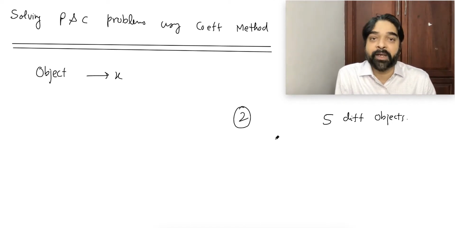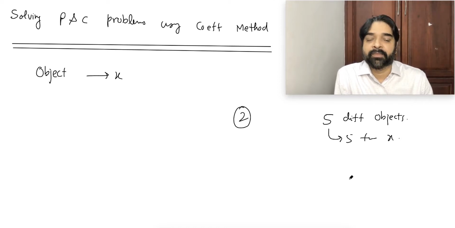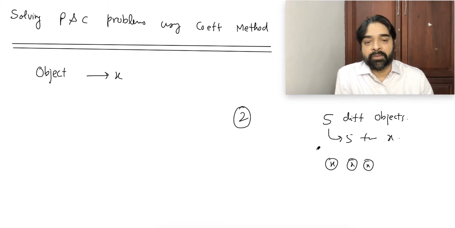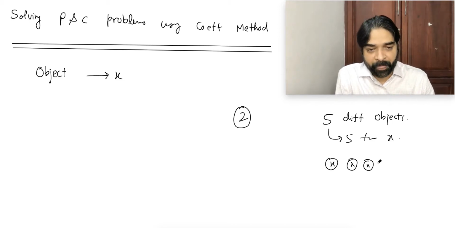So what we will read: I am having 5x, meaning x, 5 times. Every object as an x.